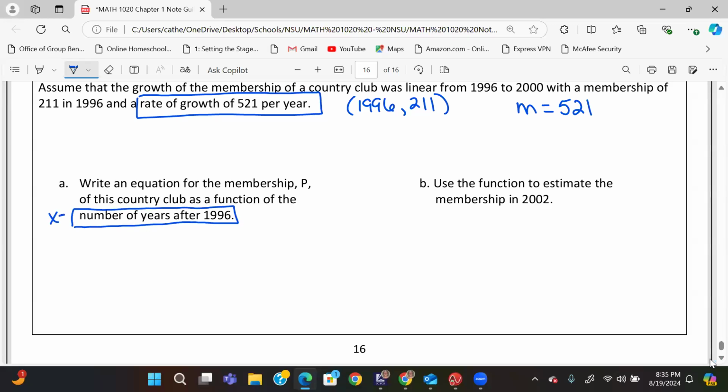So x is equal to the number of years after 1996. So what x value do we use for the year 1996? All right, if it was 1997, it would be 1 because that's 1 year after 1996. So for the actual year itself, you're going to use 0.